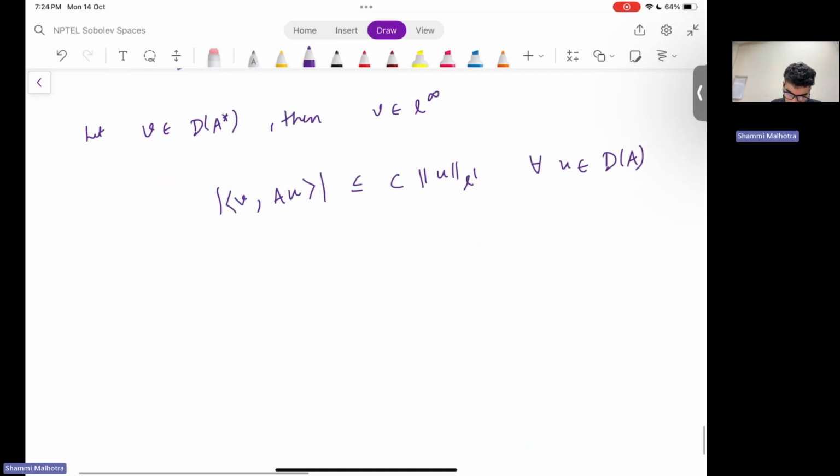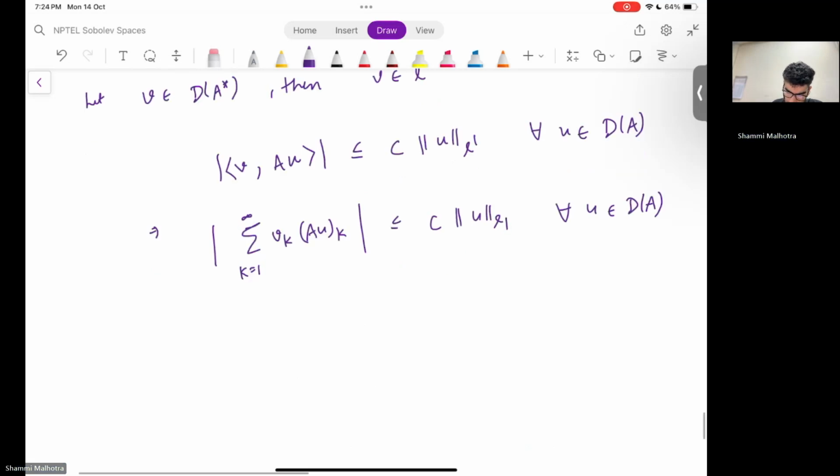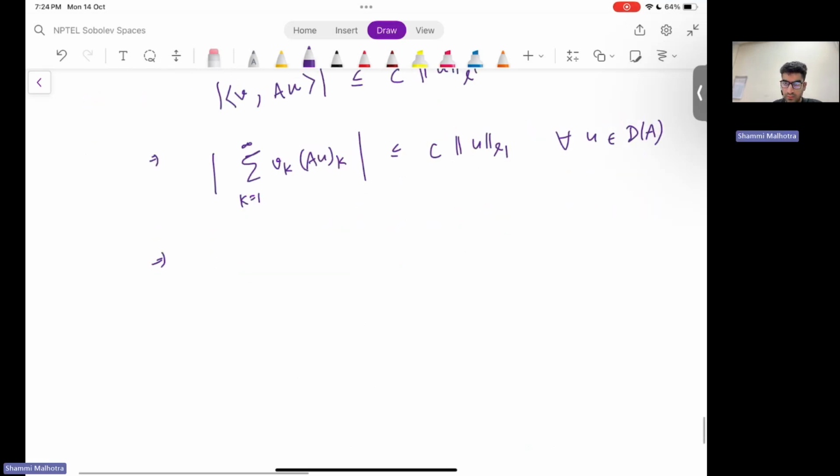And what is this? This is nothing but the summation k from 1 to infinity of v_k (Au)_k, in modulus, less than or equal to C times the L1 norm of u, and that holds for all u in D(A). What this implies is, if we put the definition of (Au)_k, that the summation of v_k k u_k is less than or equal to C times the L1 norm of u for all u in D(A).